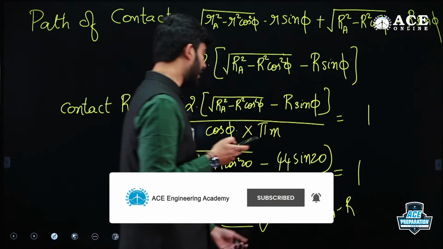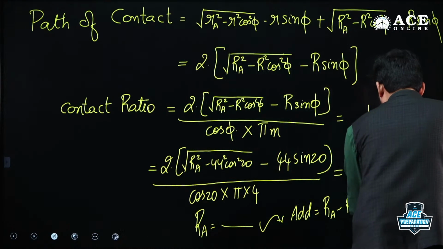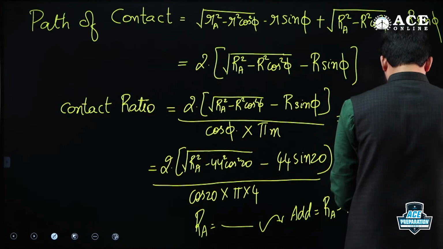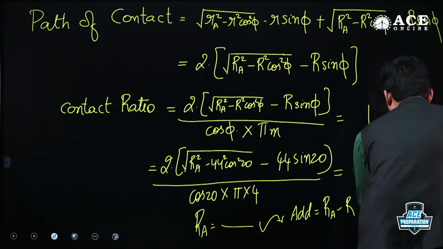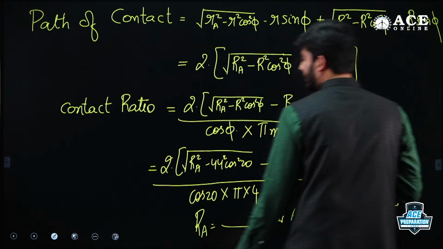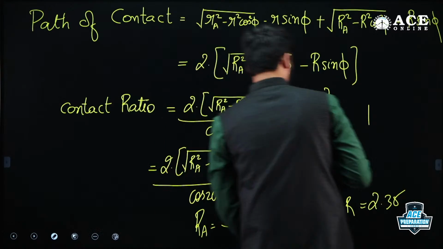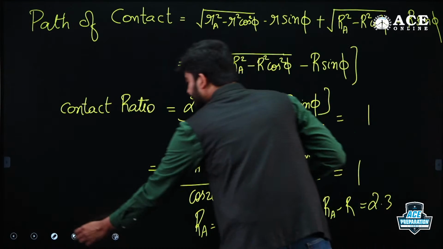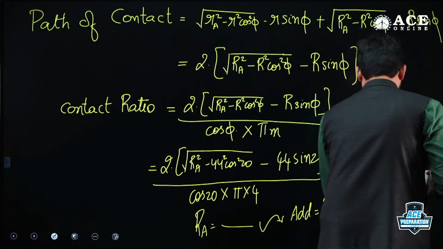Yes, 46.35 minus R, so the addendum is 2. Yes, Priyansh has responded. That is 2.35. Excellent. Excellent. 2.35 mm.